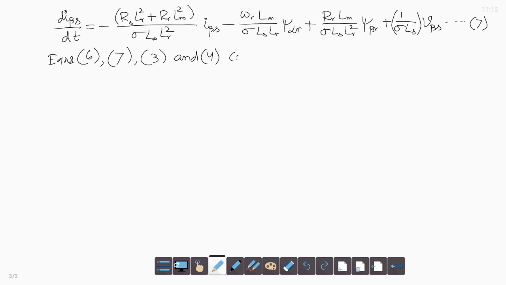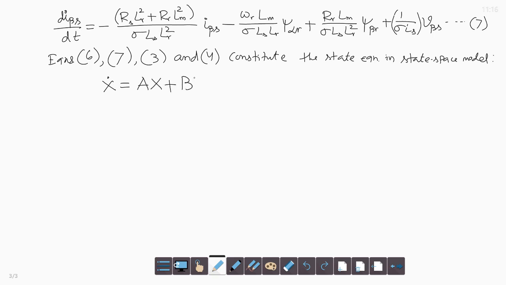These equations constitute the state equation in state space model, given by x dot equals Ax plus Bu. This is the state equation, let it be equation number 8, and the output equation is y equals Cx.